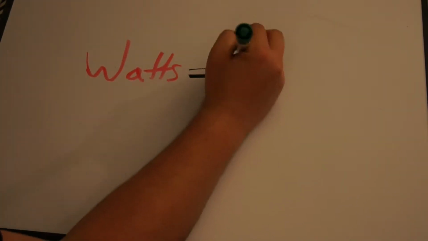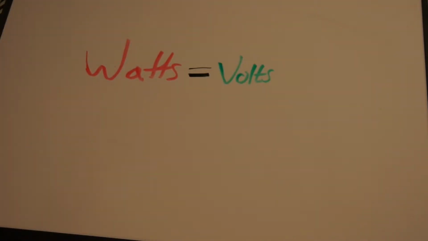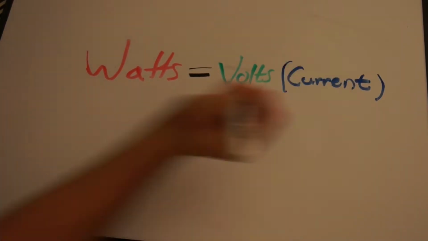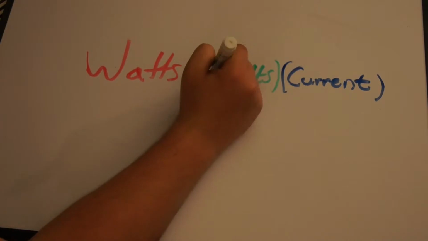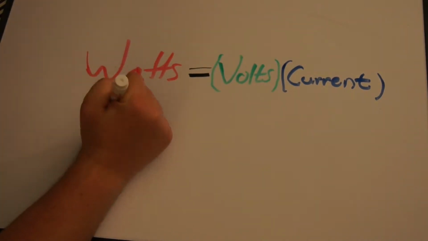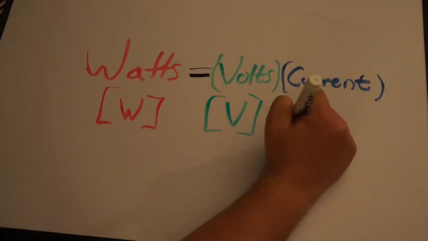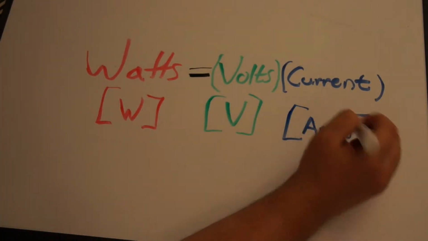Finally, we can all sum it up together by saying that watts equals volts multiplied by current. And current, of course, is amps in this case. The higher the volts and the higher the current, the more watts an electronic device will produce.